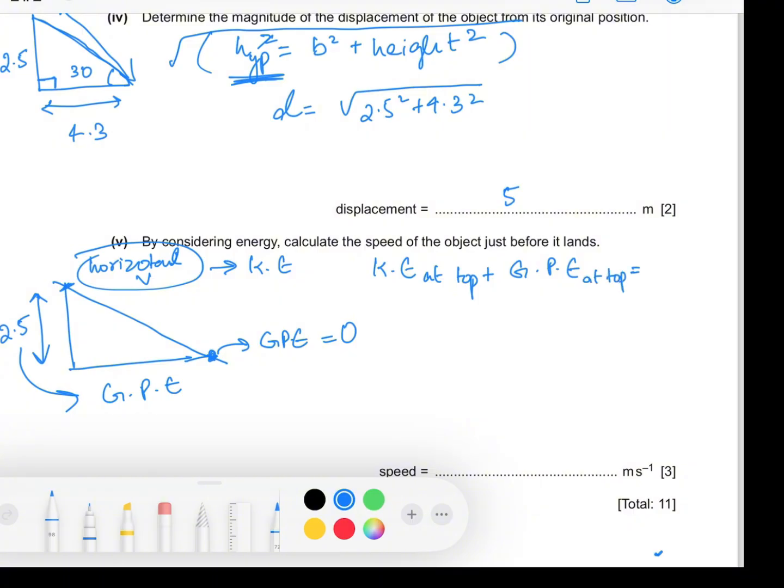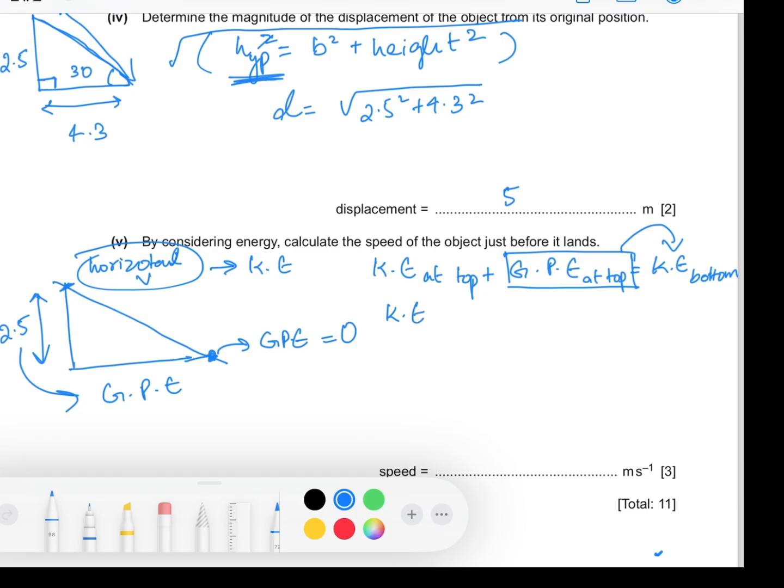It must be equal to the kinetic energy at the bottom. All of the gravitational potential energy which was initially stored in the object will be converted to kinetic energy, which is why it will have more speed at the bottom.